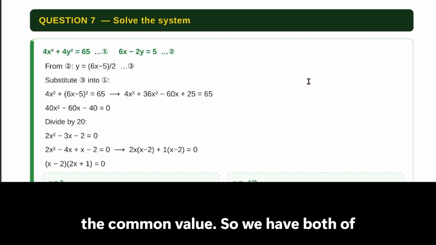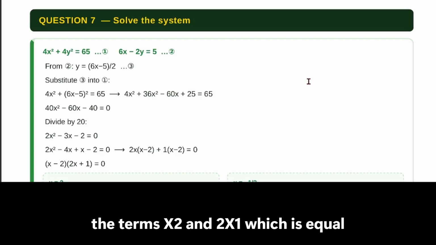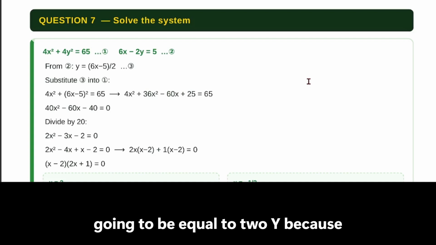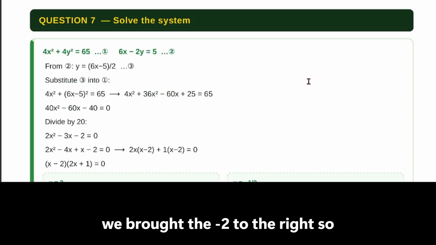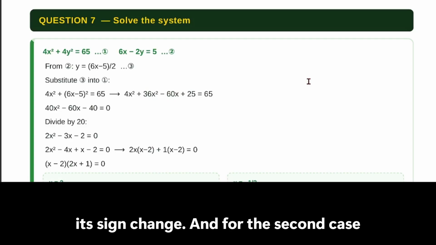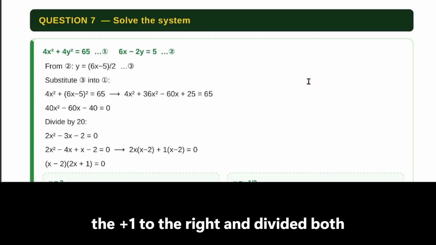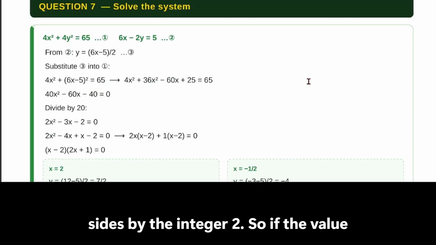So we have both of the terms x minus 2 and 2x plus 1, which is equal to 0. For the first case, x is going to be equal to 2. Why? Because we brought the negative 2 to the right, so its sign changed. And for the second case, x will be negative 1 by 2, as we brought the positive 1 to the right and divided both sides by the integer 2.